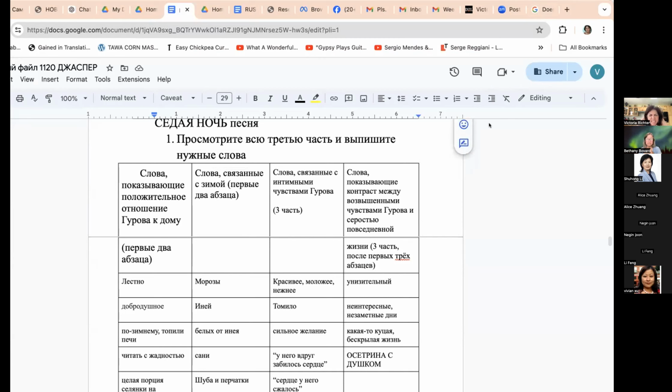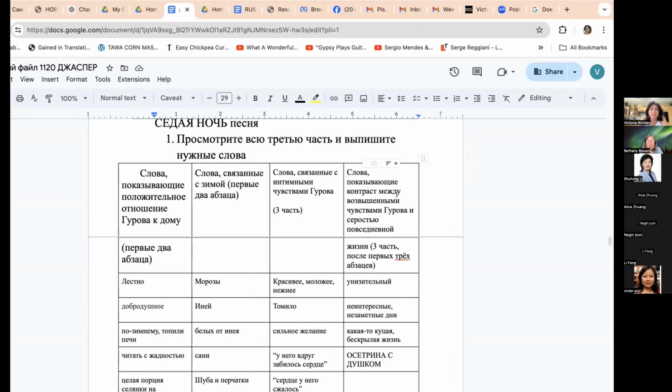Oh, this is a song that they listened to and looked at the words. Oh no, that's not a song. That's actually a novel, a classic novel by Chekhov. So these are 4 categories that they read.